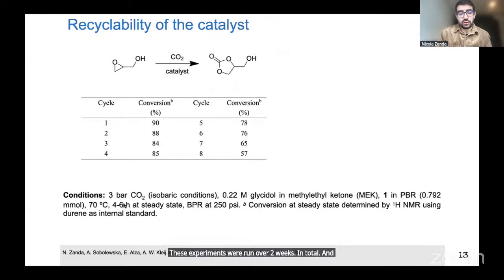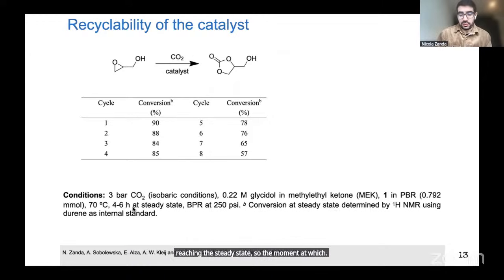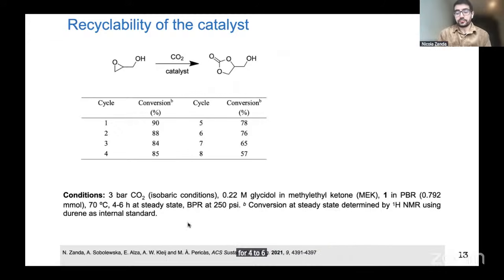And the way they worked was that we were flowing the material, reaching the steady state, so the moment at which in every point of the reactor the same conversion is observed and the system is stable, for 4 to 6 hours. And then we were observing the conversion by NMR.